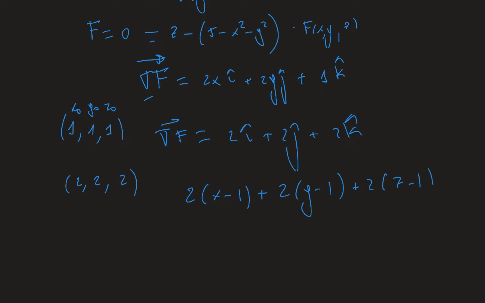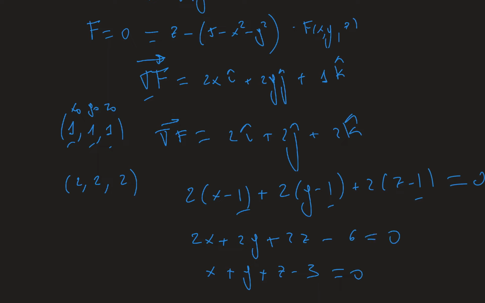I have chosen the point 1, 1, 1, so this is x0, y0, z0, and this should be equal to 0. So this is the equation of the plane, and I can expand it: 2x plus 2y plus 2z minus 2 minus 2 minus 2 is minus 6. Or the plane is x plus y plus z minus 3, so d equals 0.